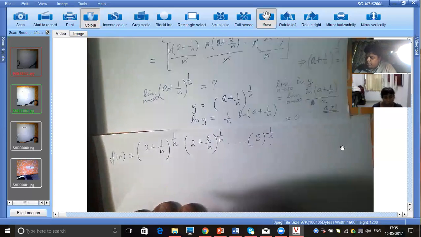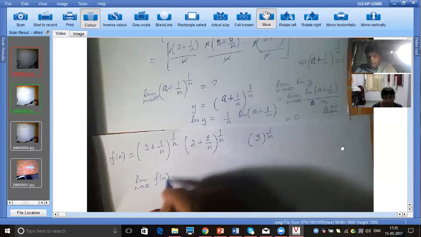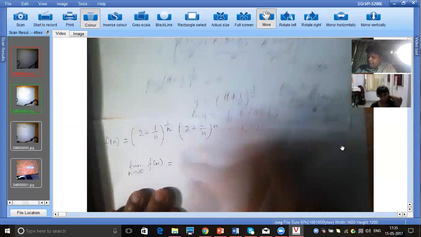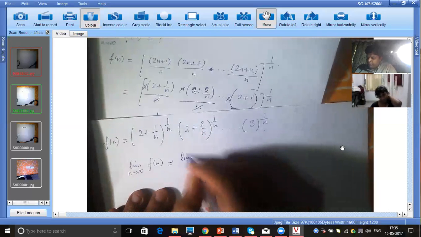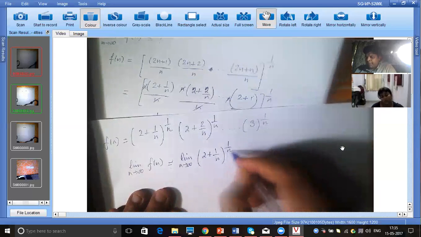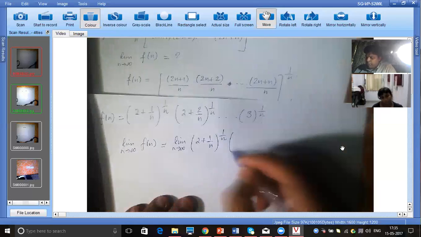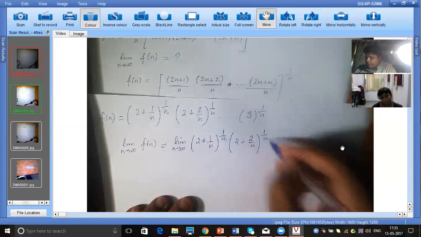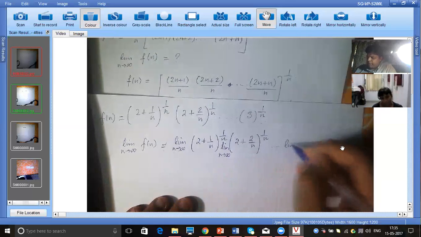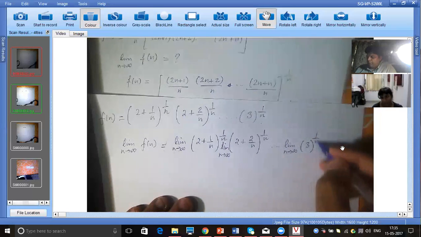Fine. And now I want the limit as n goes to infinity of f of n, which equals the limit as n goes to infinity of 2 plus 1 by n whole to the 1 by n, times 2 plus 2 by n whole to the 1 by n, and so on, times the limit as n goes to infinity of 3 whole to the 1 by n.